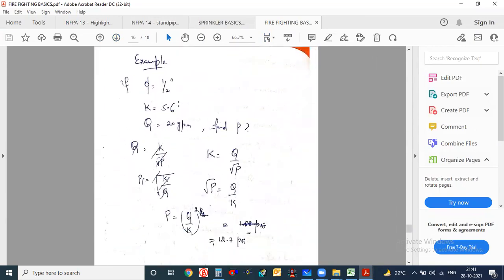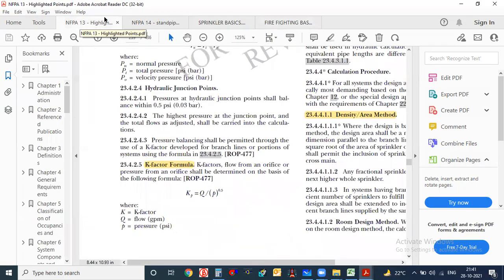See here, I have just written one example. In the software itself you can also do the K factor calculation. In the Allied software there is one section where you can cross check: if the K factor is this, what will be the flow value and what will be the pressure value. So this is also one of the important formulas, the K factor.